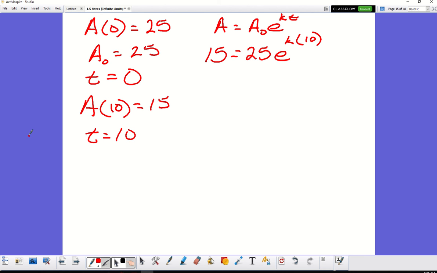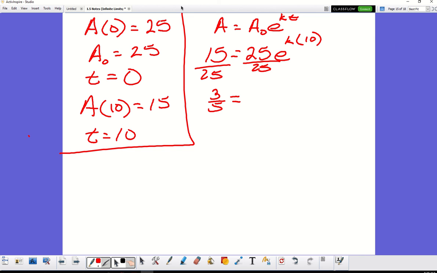All right. What value are we trying to find? So I have to do a little math. Divide by 25. So I'm going to get 3 over 5 is equal to e to the k times 10, right? How do I undo an e? ln, right? So I need to ln both sides.